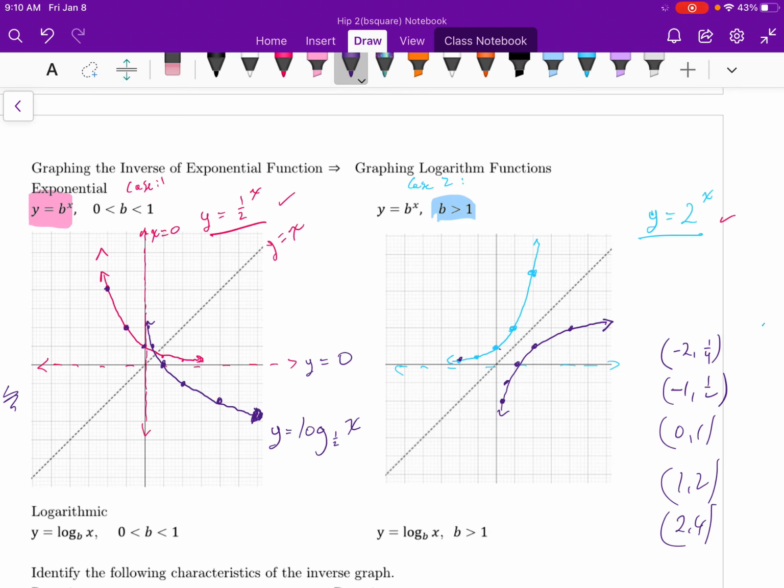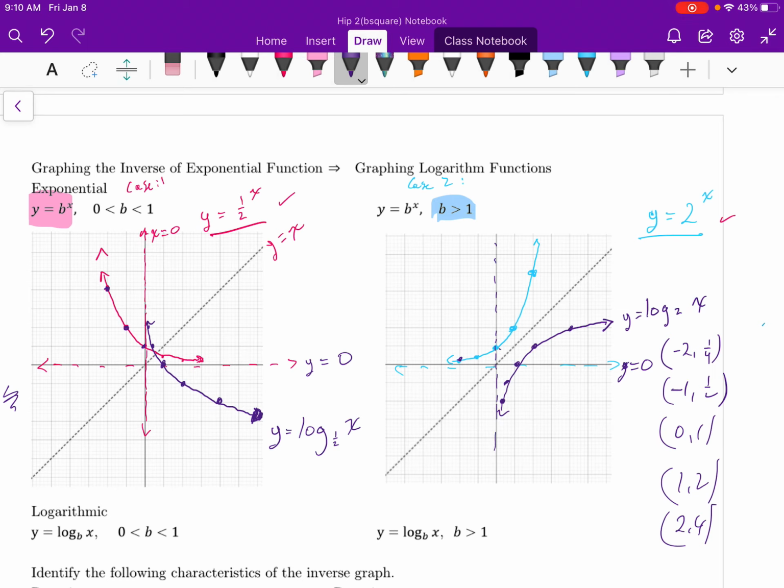Okay? So now recall, what is this? This is the function y equals log base 2 of x. This is how logs look. And by the way, I'm just going to draw a vertical asymptote here. So we had a horizontal asymptote at y equals 0 for the exponential.